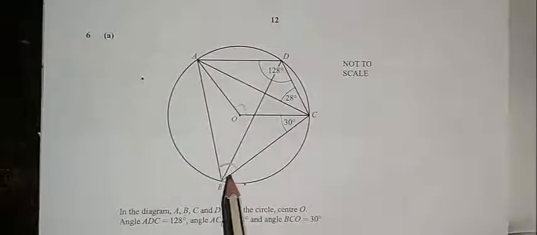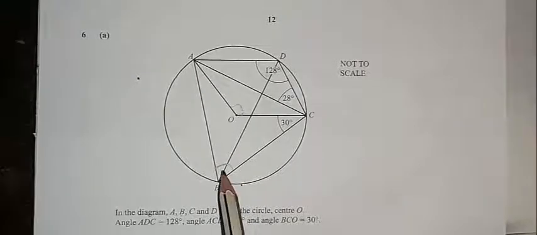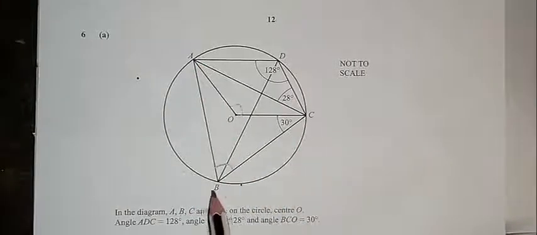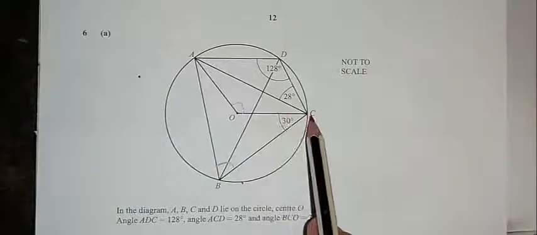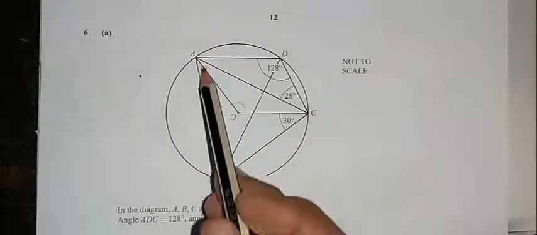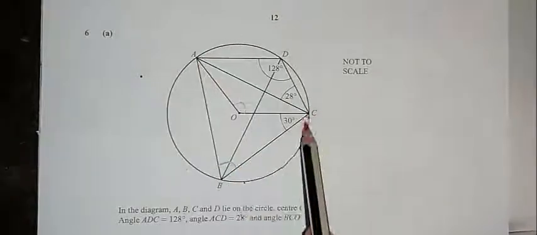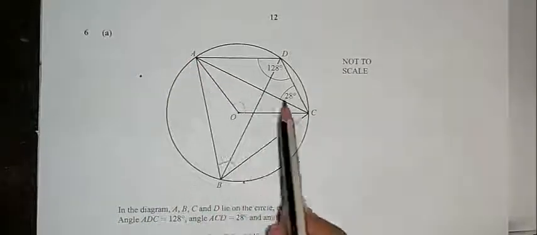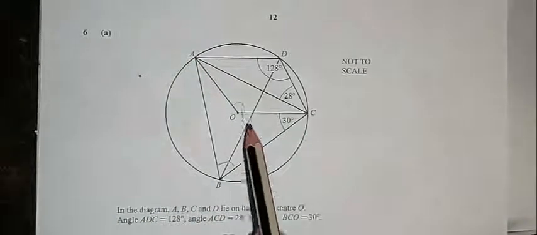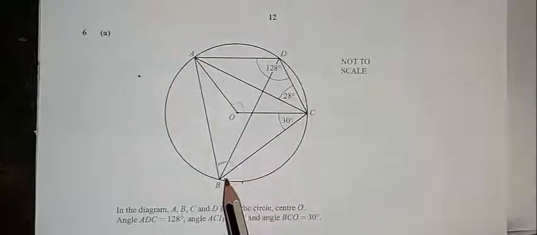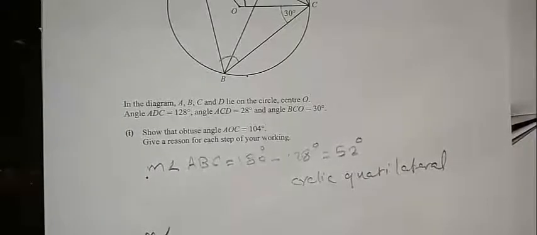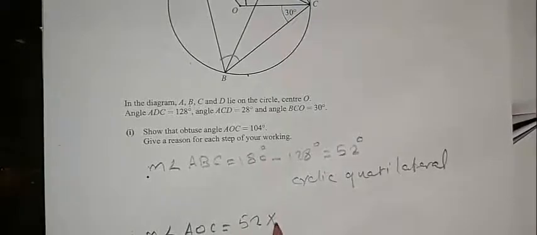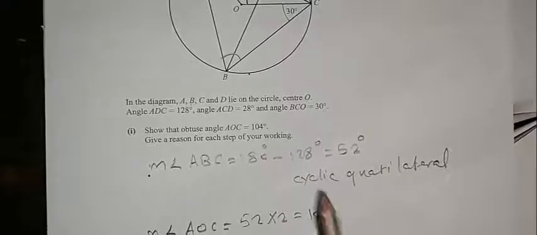And here this angle 52, this angle ABC, is the angle at circumference, and the angle AOC is twice this angle because the two angles are subtended by the same arc, segment AC. So angle at center is twice angle at circumference, so we can write that the measure of angle AOC equals 52 times 2 equals 104 as required.